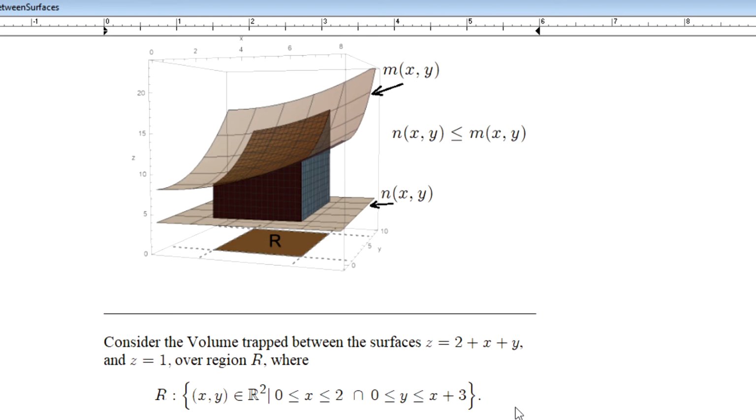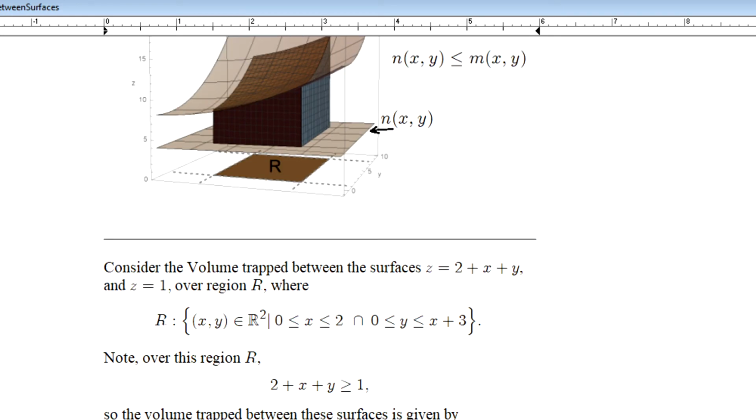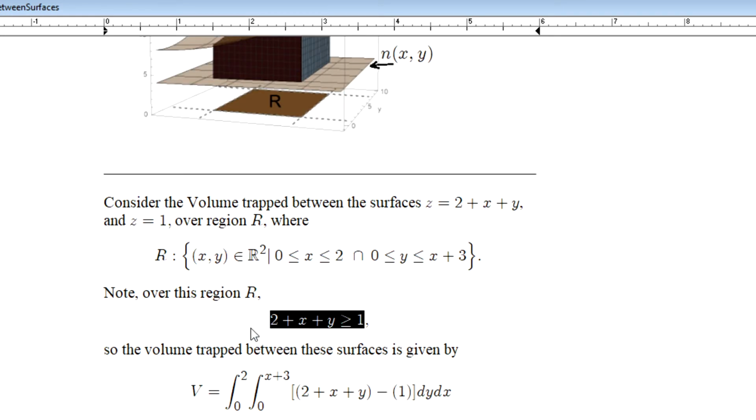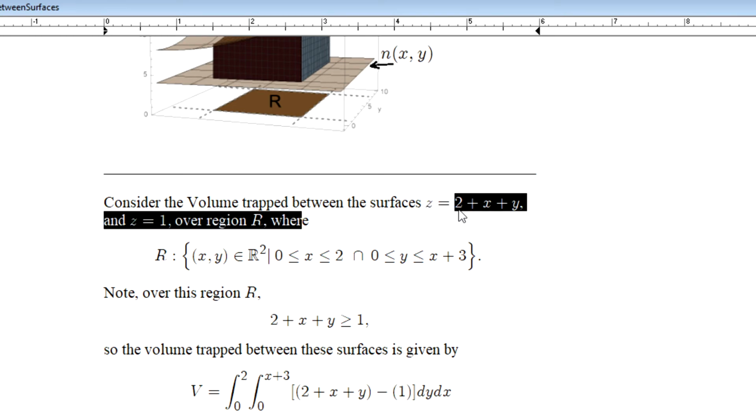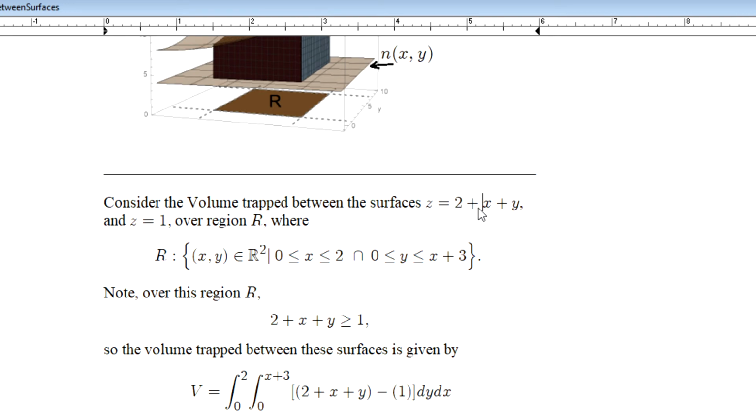If you notice back down here in our descriptions of M and N, I made it pretty quick to see that 2 plus x plus y was greater than or equal to 1. What we want to recall is that this is a surface, a plane in three-dimensional space crossing through the z-axis at 2, and over the first quadrant in two-dimensional space, x plus y is always going to be greater than 0.